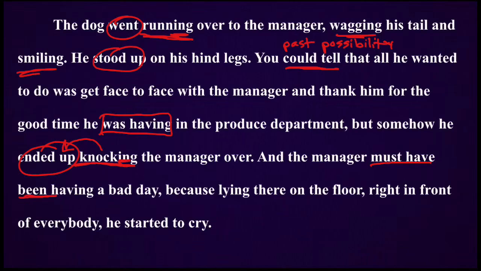She's almost 100% sure that this is true, but the only reason she knows it is because lying there on the floor, right in front of everybody, he started to cry. So because he started to cry, she's guessing that he must have been having a bad day. So she's talking about something she was sure about in the past, but she didn't have direct proof. She was only looking at the fact that he was crying.